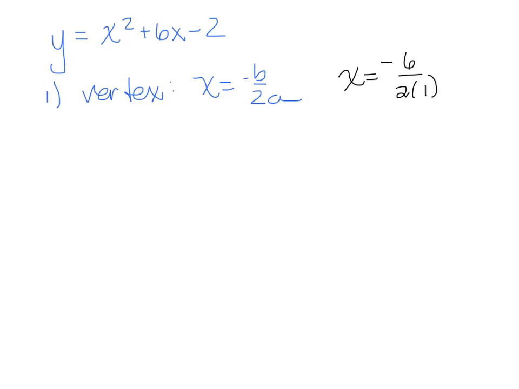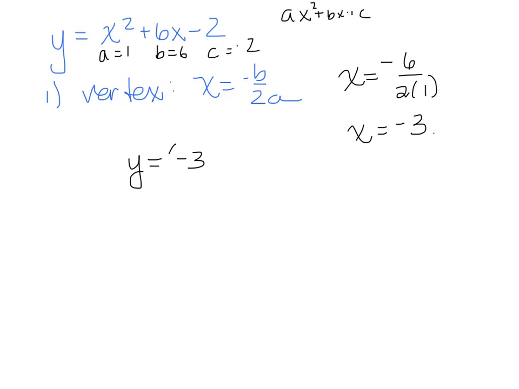So I'm assuming you all remember that when you write a quadratic in standard form, it's ax squared plus bx plus c. So in this case, a was equal to 1, b was equal to 6, and c was equal to negative 2. I'm hoping you all still remember how to do that. So let's go back and find our x is negative 3. Now let's find the y value.